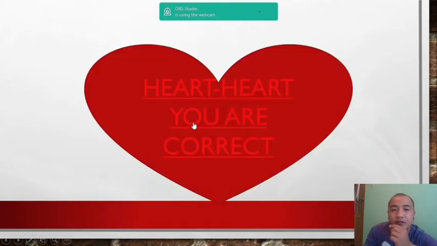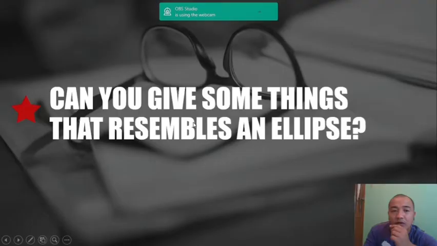So, let us now go to our new lesson, ellipse with center at HK this time. But before that, can you give me some things that resemble an ellipse, or things around us that have a shape like an ellipse? I will give you objects whose shape is like an ellipse.